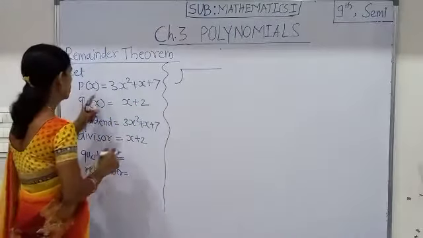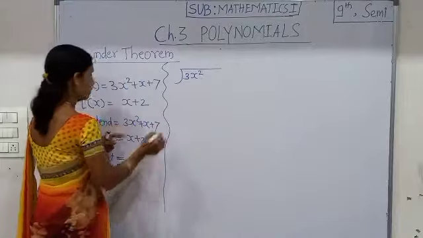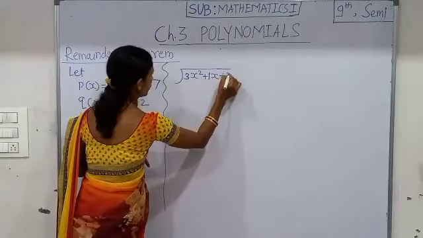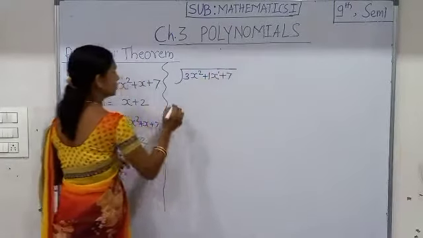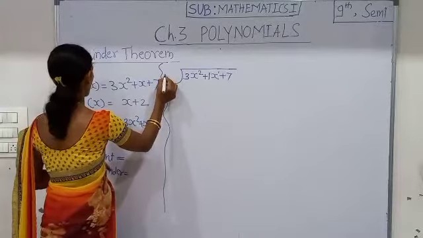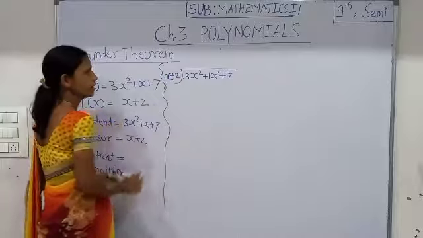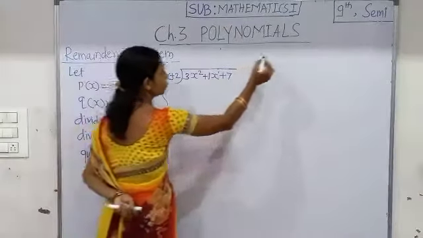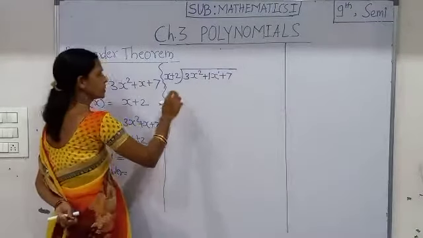Then the dividend, 3x square plus 1x plus 7, is written in index form and divided by x plus 2. Here x plus 2 is the divisor. You all studied this method in the previous lecture.